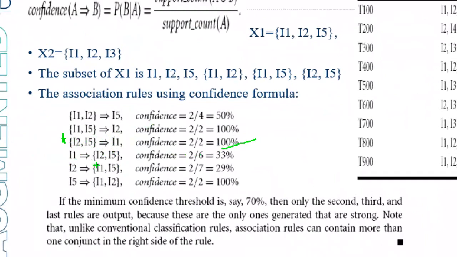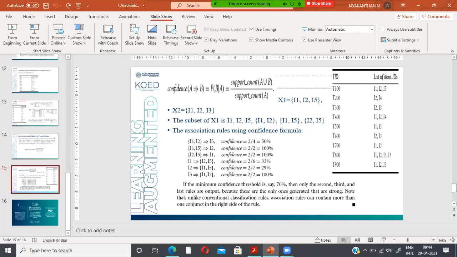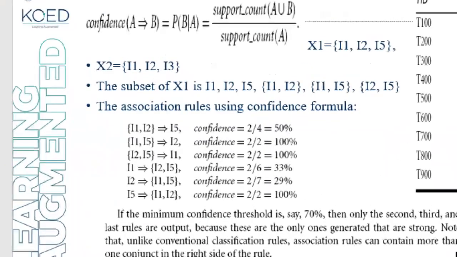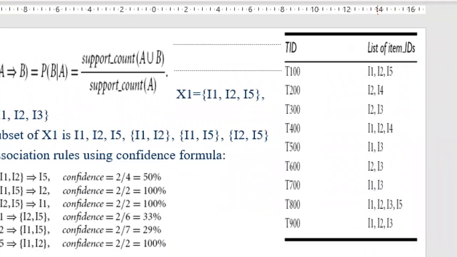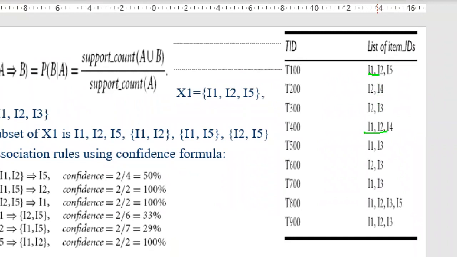Next, I1, I2, I5 divided by I1. As we discussed, I1, I2, I5 occurs in two transactions. And A is I1. So how many times does I1 appear? One time, two times, three times, four times, five times, and six times.